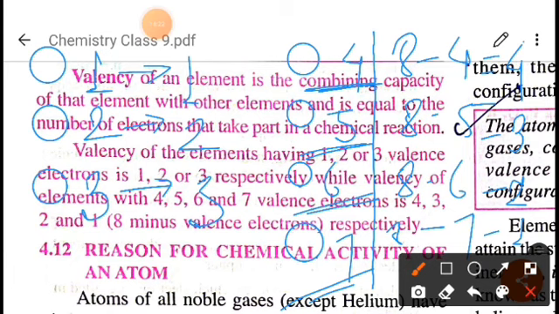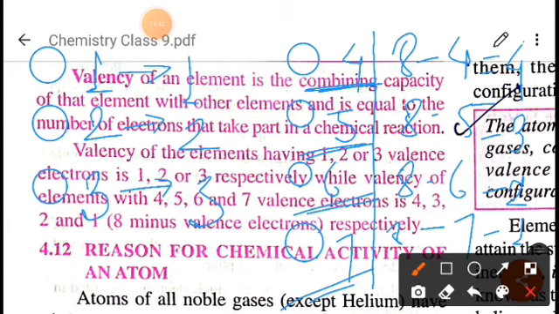But if the valence electrons are 4, 5, 6 or 7, then to know the valency we have to subtract that from 8, right? So 8 minus 4 is 4, 8 minus 5 is 3, 8 minus 6 is 2, and 8 minus 7 is 1. I hope you have understood how to find out the valency of any element, right?